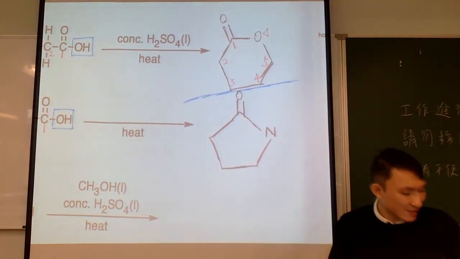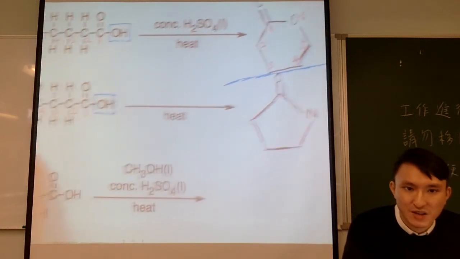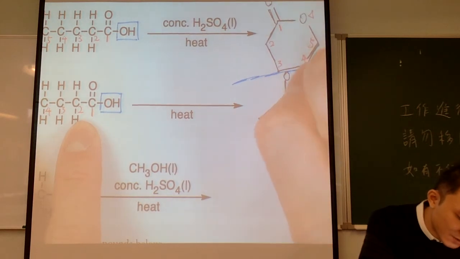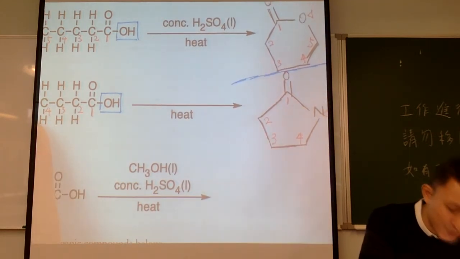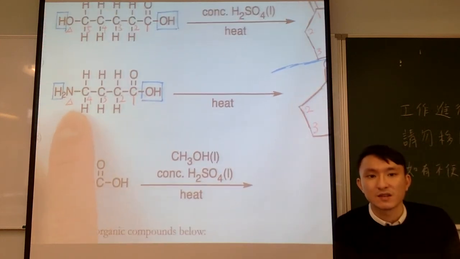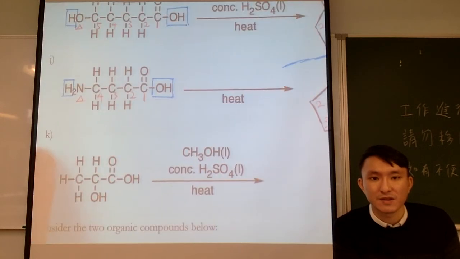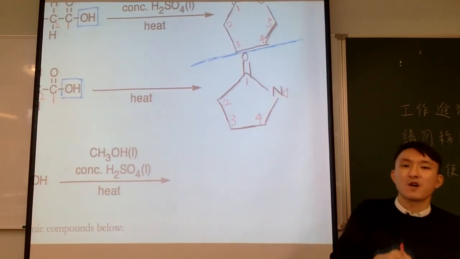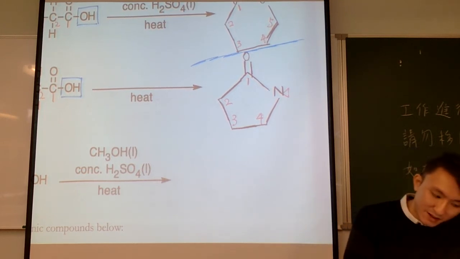Again we trace back those numbers. So here, 1, 2, 3, 4, and the triangle is over here. So it will form a cyclic amide. Okay, a cyclic amide.